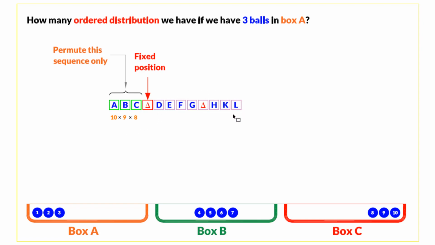And for this sequence, we have to permute this sequence to know the number of possible distribution between box B and C. So how many elements we have here? We have 8 objects. So D can be chosen in 8 ways and E can be chosen in 7, and so on.